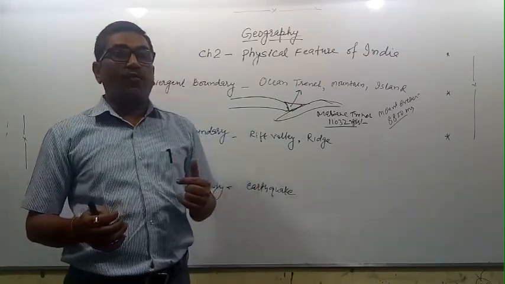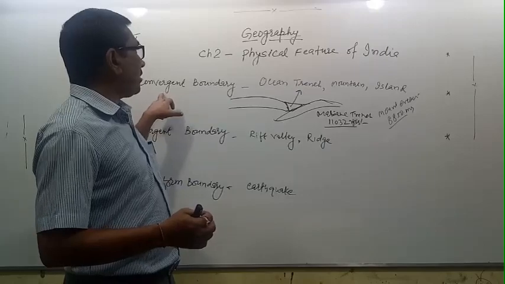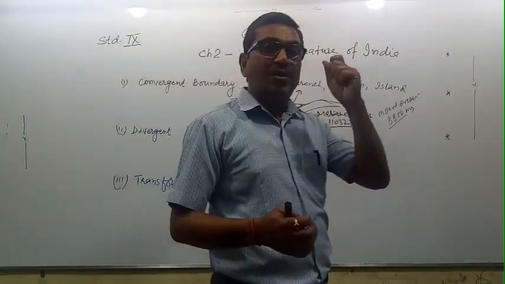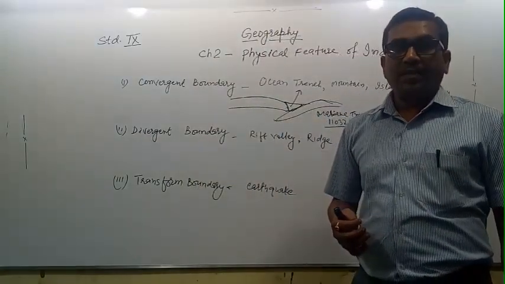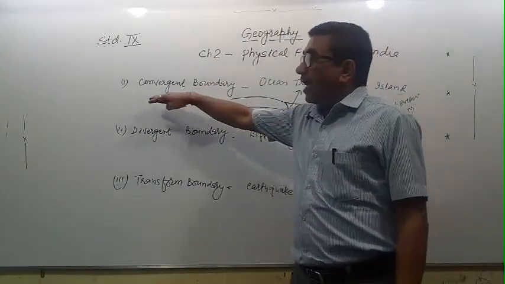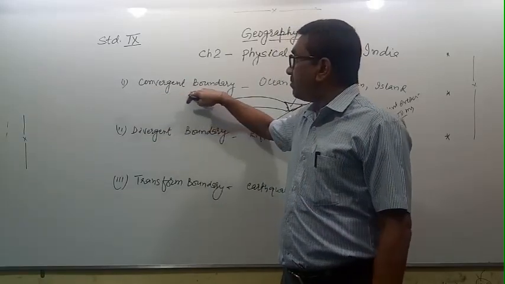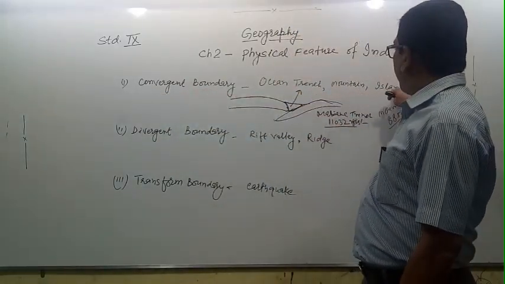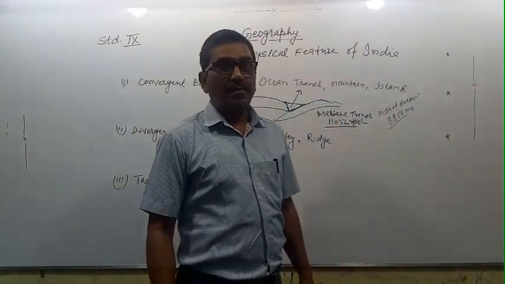Himalaya is also an example of fold mountain. It has come due to the convergent boundary. Island has also been created on the same base. Island भी बना. तो what type of features are formed by the convergent boundary? Convergent boundary forms the oceanic trench, it forms the mountain, it forms the island.